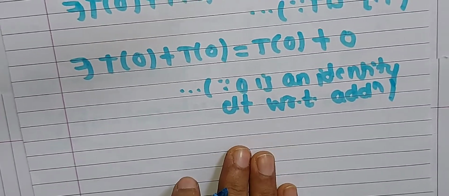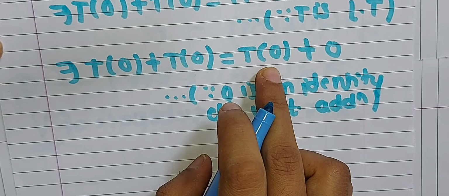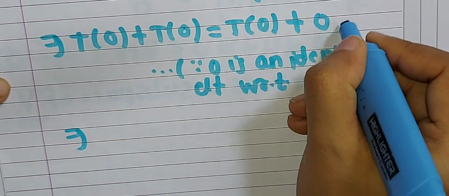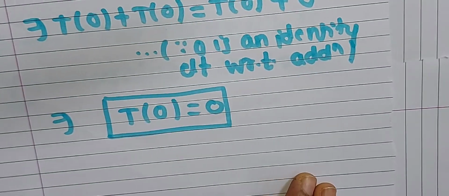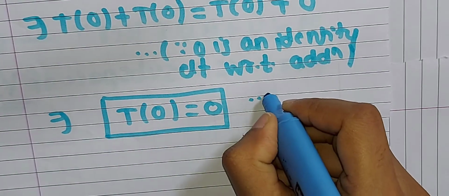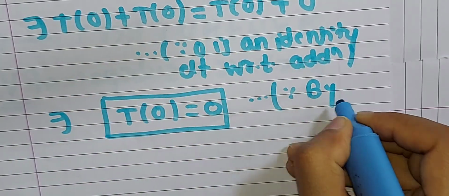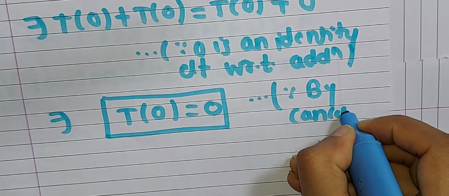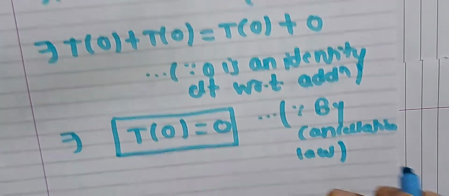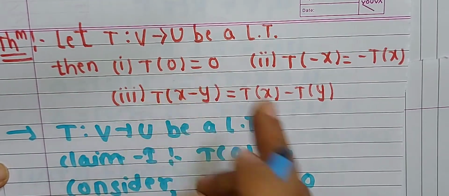So now observe one thing, by cancellation law this T of 0 and this T of 0 will get cancelled to each other, then the remaining term will be T of 0 is equal to how much? 0. Therefore we have obtained T of 0 equal to 0, by the cancellation law. Hence we have obtained the first property, that is T of 0 is equal to 0.